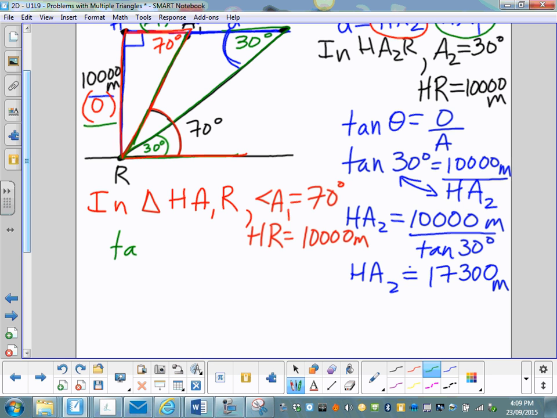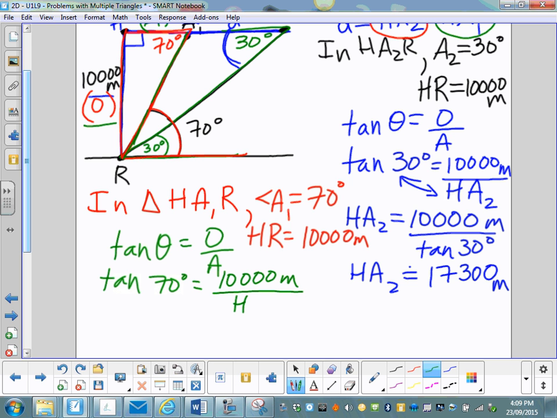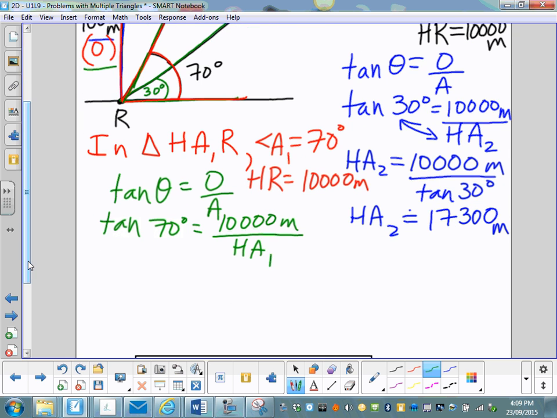So again, we're going to use tan. So opposite over adjacent. We're going to use tan 70 this time. The opposite side is the 10,000 meters. And the adjacent is the H to A1. So we do the same thing.